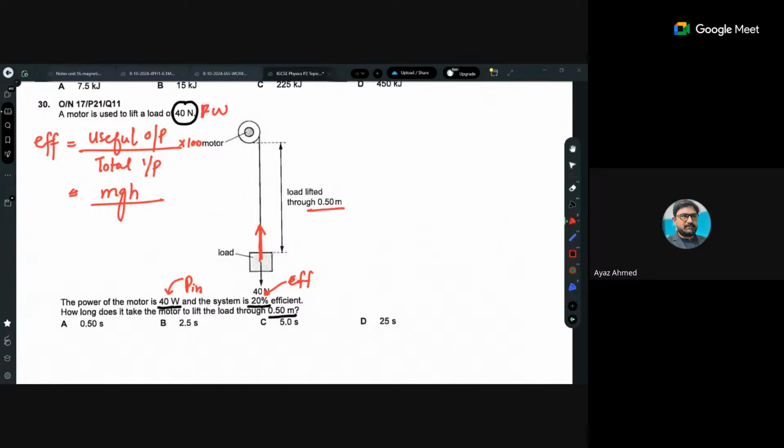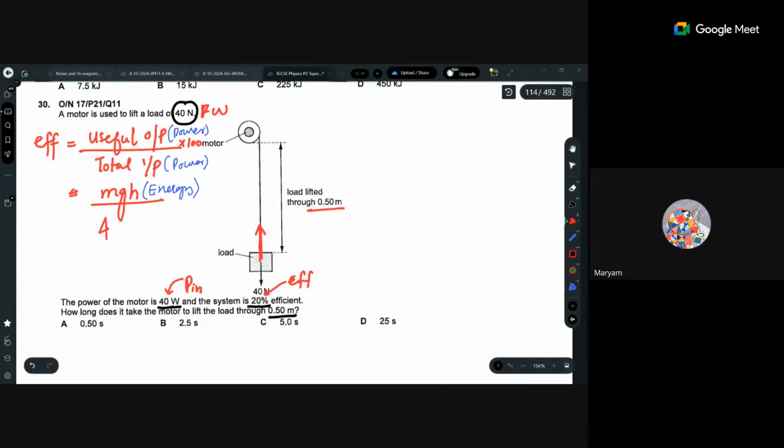Remember one thing, as I told you: if you are using output as power, then input must be in power, and if input is in power, output must be in power. Mgh is energy, isn't it? And 40 watt is actually power.